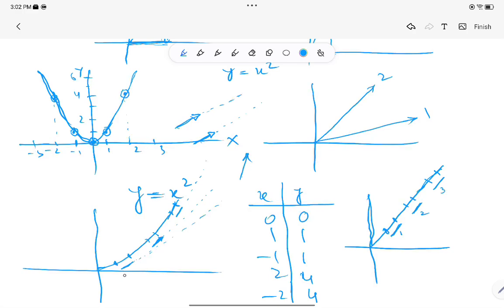A person, as he climbs up and up, will find that the mountain becomes more and more difficult to navigate, because the steepness is increasing. The slope of this curve changes from point to point.